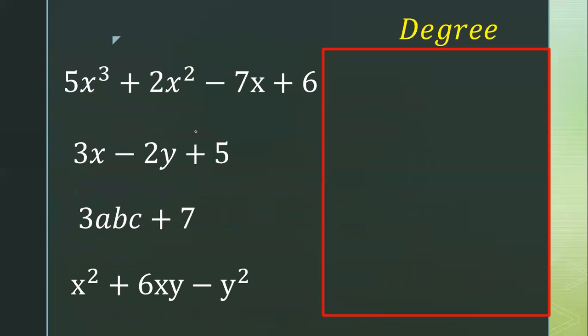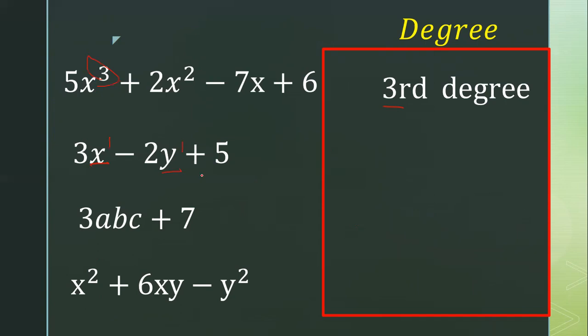Now let us try to answer. The degree of 5x squared plus 5x cubed plus 2x squared minus 7x plus 6. Yes, it is third degree, since the highest exponent of the variable x is 3. Now, 3x minus 2y plus 5. What is the degree? If we examine, variable x has exponent 1, y has exponent 1.